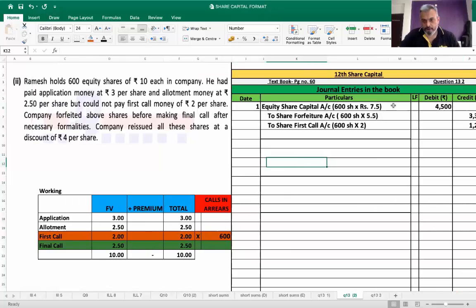Here, this is an important point. Equity share capital account, you have to debit it with only rupees 7.5.